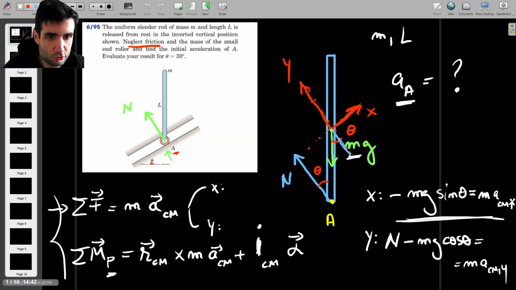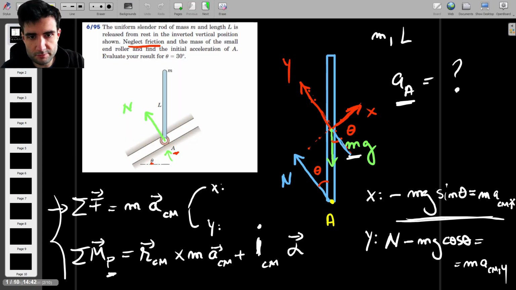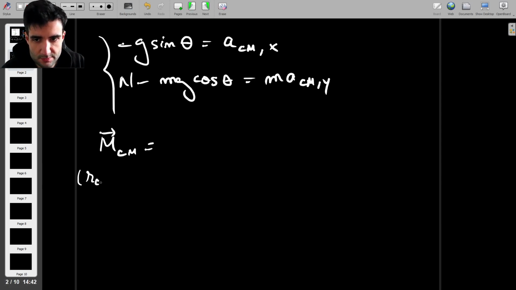Right, so now let's do the rotation part. For rotation, we're going to take moments about the center of mass. So the moments about the center of mass are going to be equal to, well, this term just vanishes because about the center of mass there's no position vector of the center of mass, right?